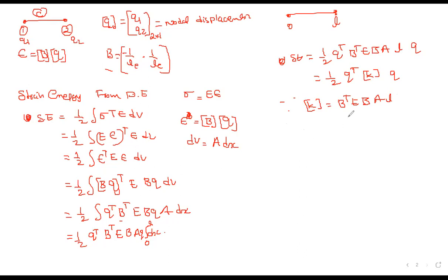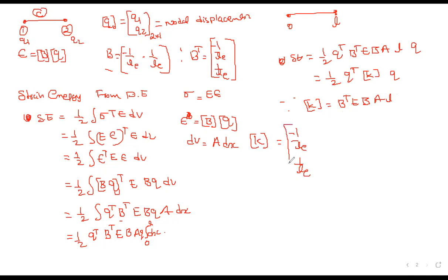Let us do the multiplication. If B is this one, then B transpose is equal to minus 1 by L, 1 by L, which means we change the rows into columns. So K can be found out: B transpose is equal to minus 1 by L, again 1 by L, and there is the Young's modulus.